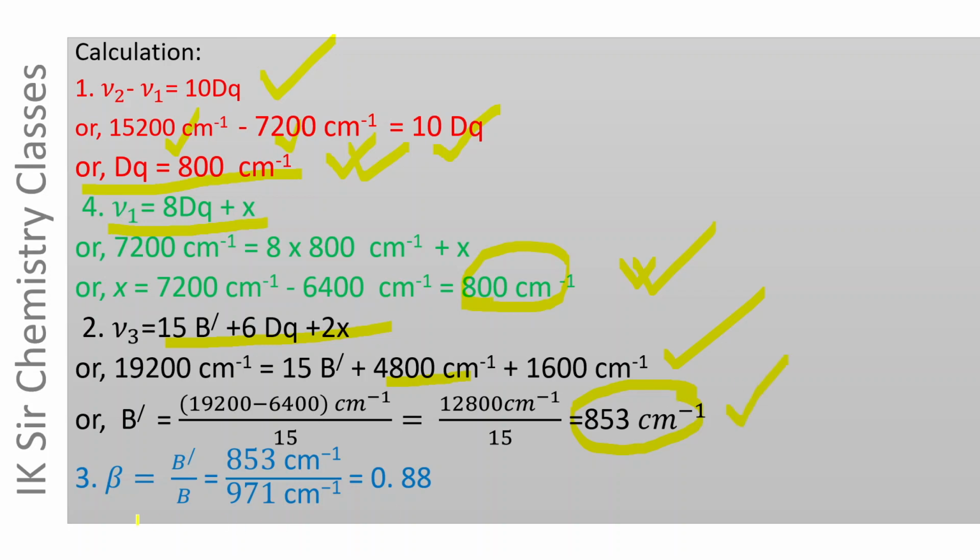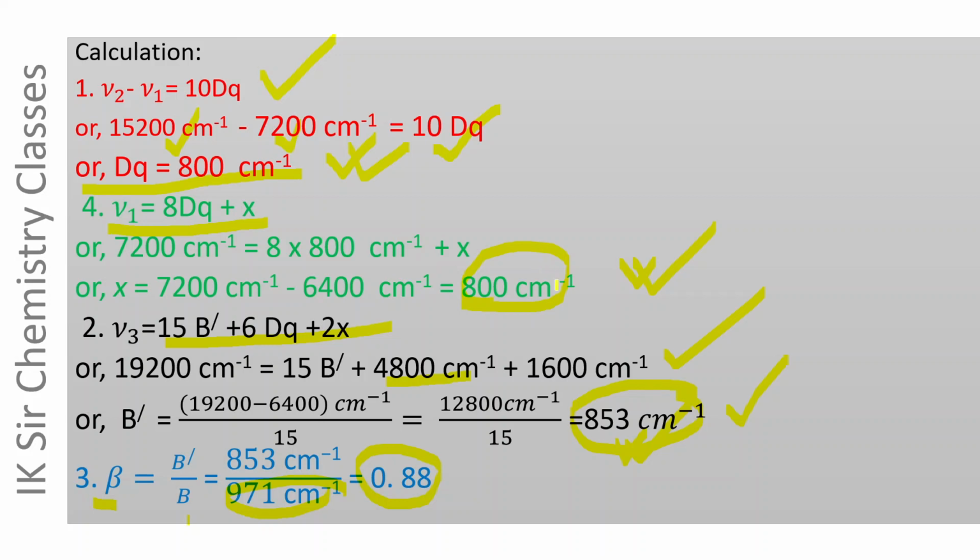And finally, we can calculate beta, B'/B. B' is equal to 853 cm⁻¹, and the value of B has been taken from the table discussed in the earlier video, and the answer is 0.88.